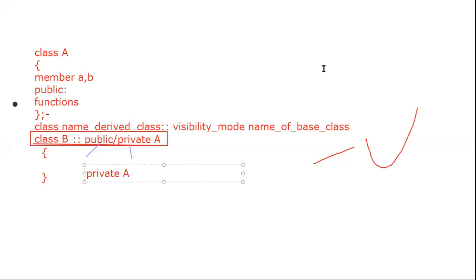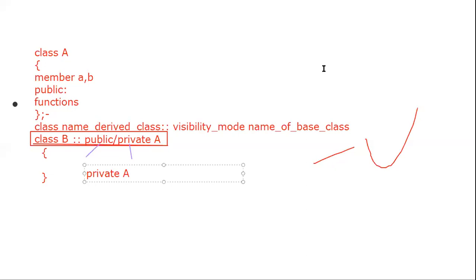Yes, Sakshi. When the base class is privately inherited by your derived class, then the public members of the base class become the private members of the derived class. So if we access the data members from the base class with the help of private, whatever public members are available inside the base class become private members of your derived class.